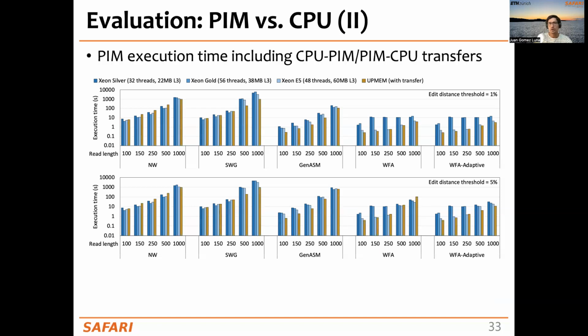One other observation: we compared the PIM execution time as well. And in this plot, we are including the CPU to PIM transfers and the PIM to CPU transfers. Remember that we are using a system with main memory and PIM-enabled memory, and we need to move sequences in the beginning from the main memory to the PIM-enabled memory, and then at the end the alignment results from the PIM-enabled memory to the main memory.